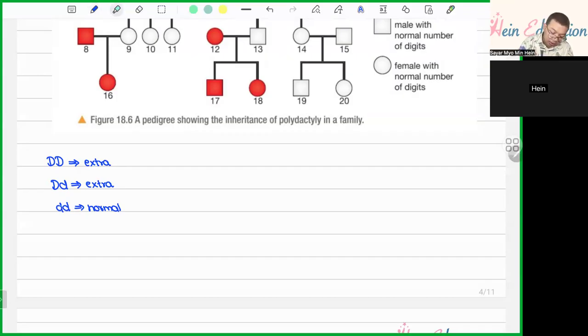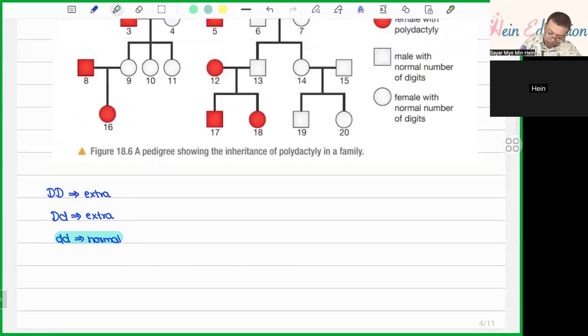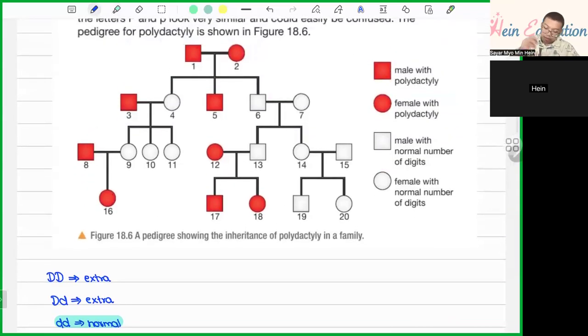Small d, small d, the normal one, because it has only one phenotype and one genotype. The extra digit has two types of genotype, which makes it difficult to guess directly. So I will start with the normal character and write small d, small d for all the normal individuals. That makes it a lot easier for us to determine the rest.